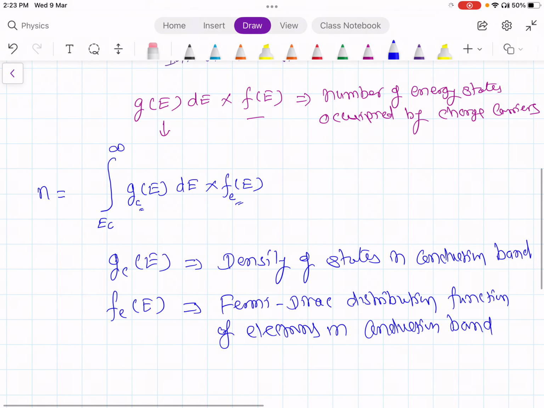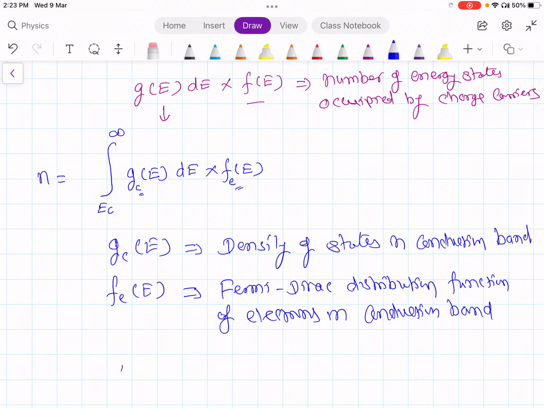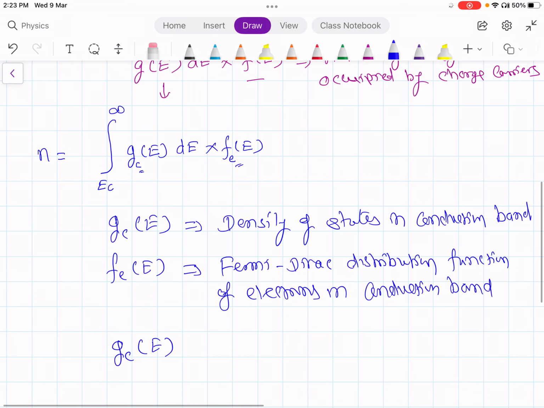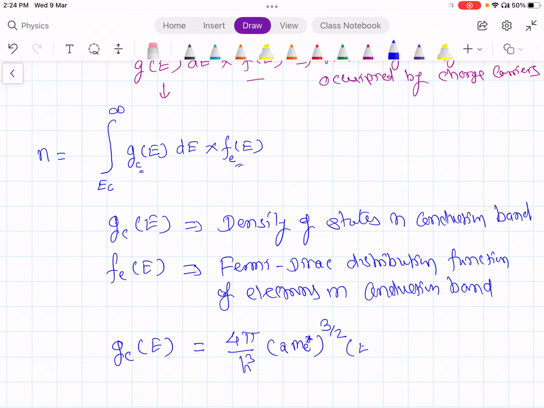So let me write the value of this Gc of E. This Gc of E is the density of states, and this density of states is equal to 4 pi by h cube, into 2 me star raised to 3 by 2, and here instead of E there is E minus Ec, as Ec is our lowest energy level. So E minus Ec, any energy level above Ec. Ec is the reference energy level in the conduction band.